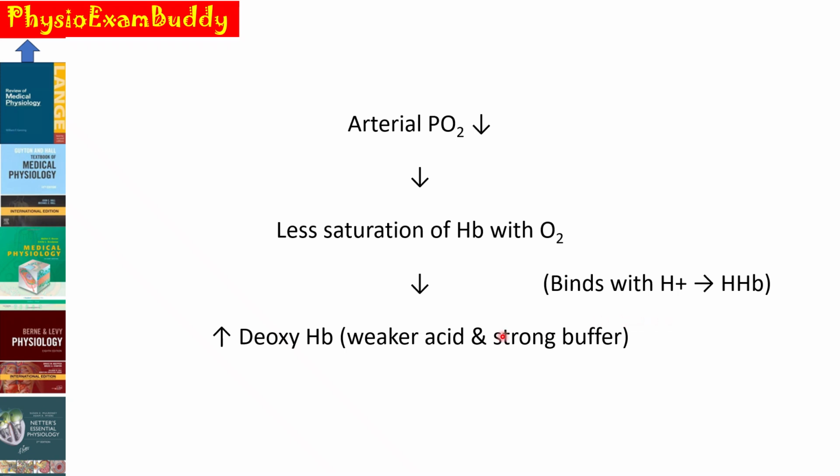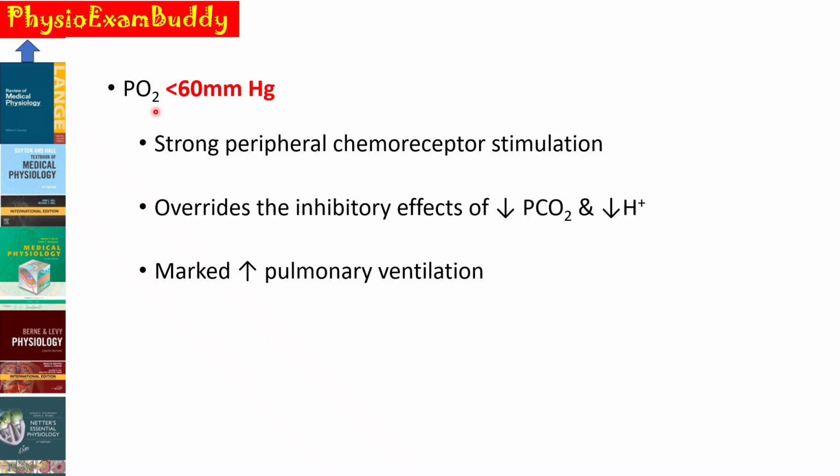This results in a mild decrease in the H plus concentration of the blood, which tends to nullify the hypoxic drive on the ventilation. Now, what happens when the PO2 falls below 60 millimeters of mercury? The stimulation of the peripheral chemoreceptors is so strong that it will override the inhibitory effect of decreased arterial partial pressure of carbon dioxide and decreased H plus concentration, and it will produce a marked increase in the pulmonary ventilation.